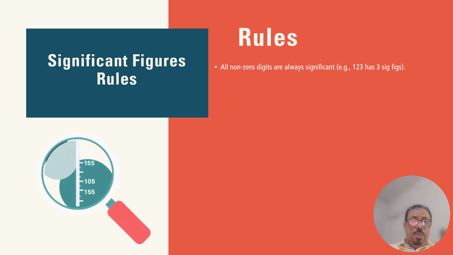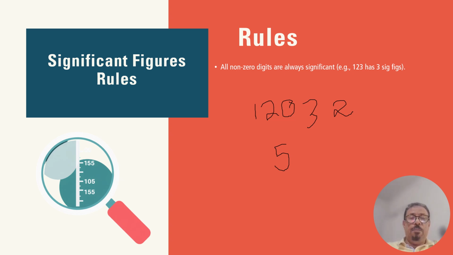Let us say we have 1, 2, 0, 3, 2. There are 1, 2, 3, 4, 5 significant figures. So all non-zero digits, and all of the zeros in the middle, are significant.